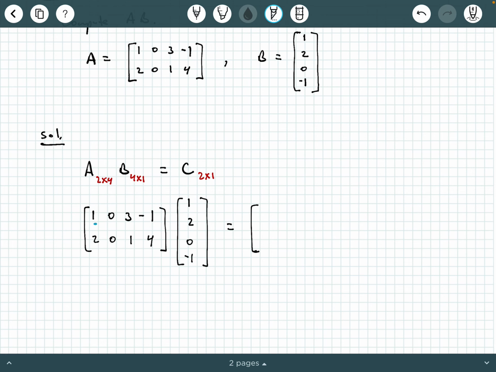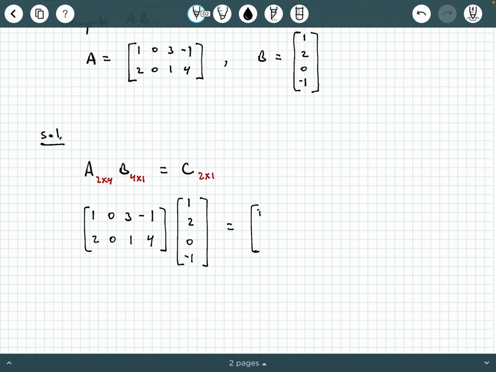So I'm going to say the 1, 1 entry here multiplied by the 1, 1 entry here plus the second entry of row 1 by the second entry of column 1 plus the third entry of row 1 times the third entry of column 1 plus the fourth entry of row 1 times the fourth entry of column 1.